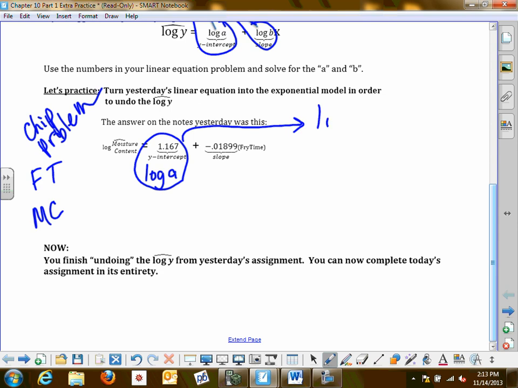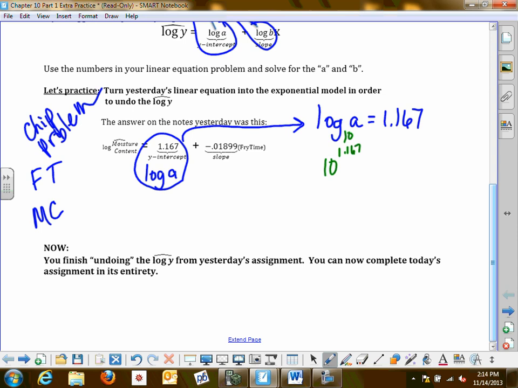So I say, let log of a equal 1.167, and to undo this log, you rearrange it exponentially. What is the understood base for a log? 10.